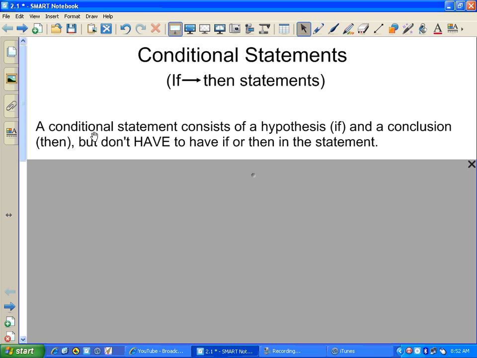So each conditional statement consists of a hypothesis, which is the if part, and then a conclusion, which is the then part. They're not always going to necessarily have the terms if-then in there, but we can always change a statement to have it be an if-then statement.